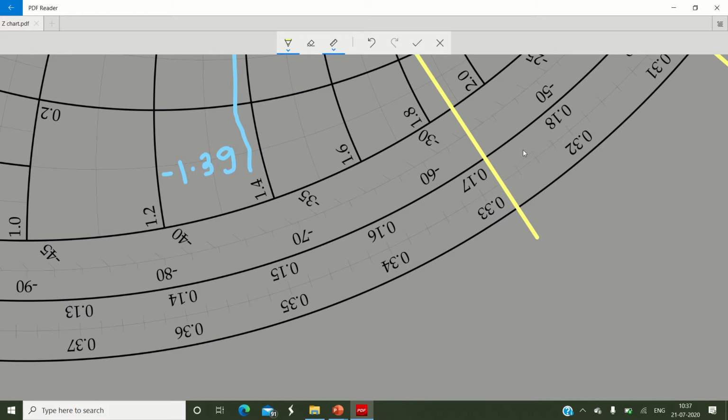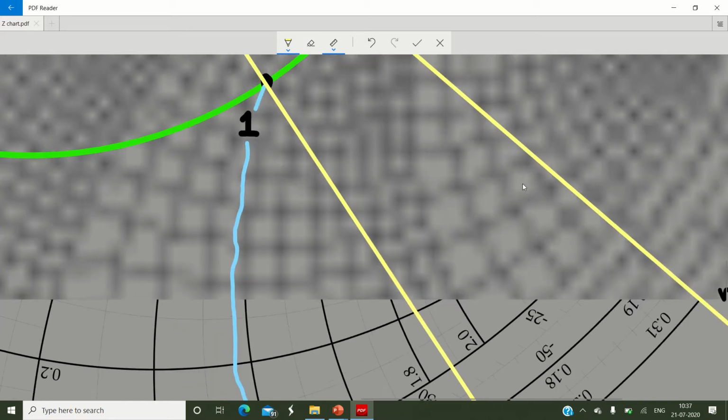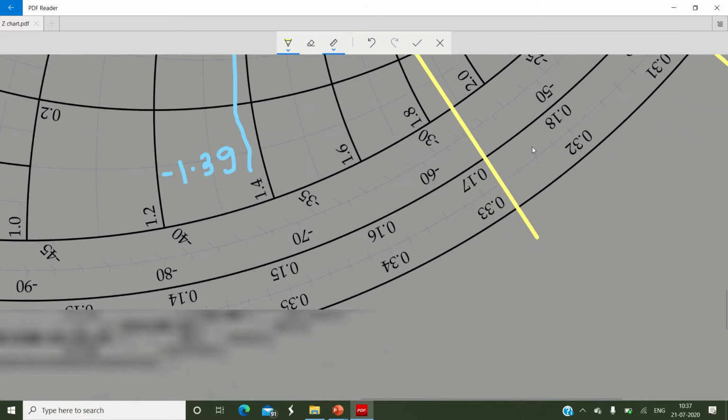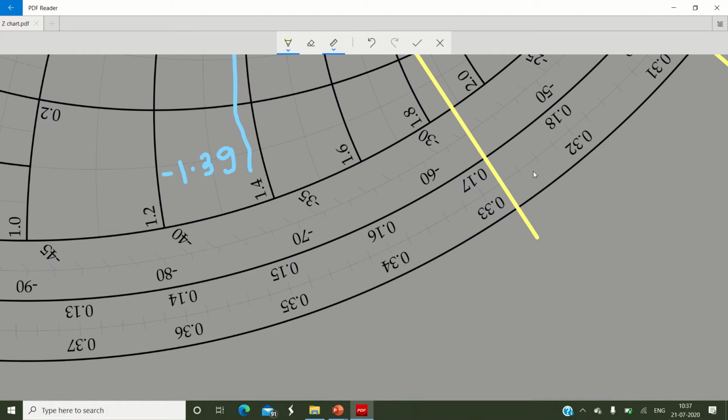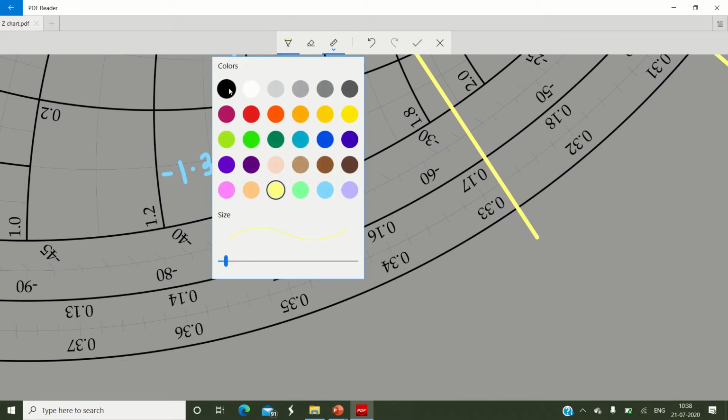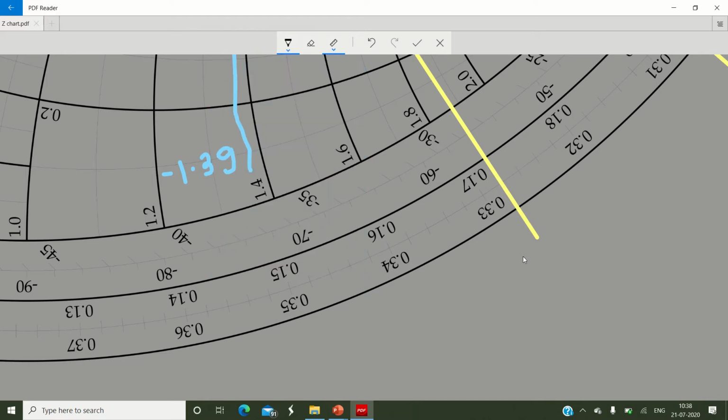So approximately 0.32, 0.322, 0.324, 0.326, 0.328. Or approximately you can take it as lambda equal to 0.326. So this value could be near about 0.326, so I will take that value. Here I will write the WTG I got.